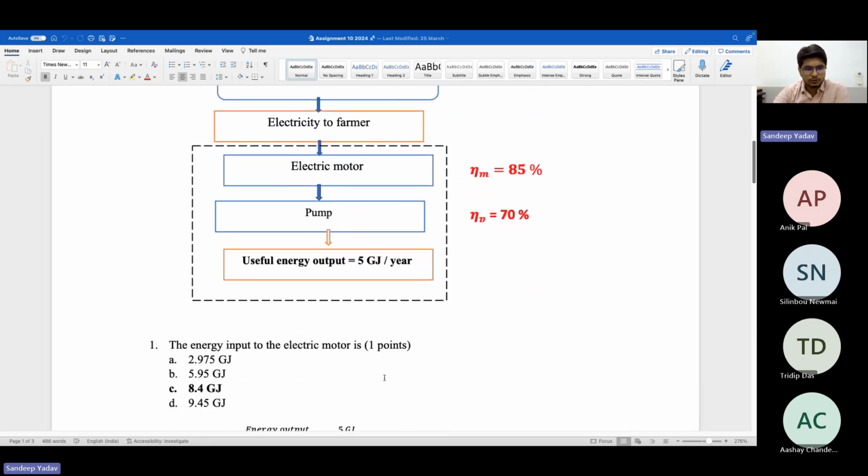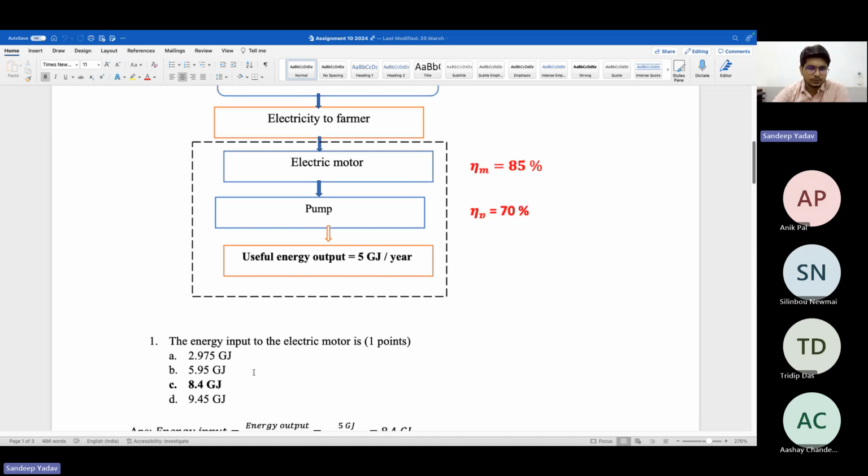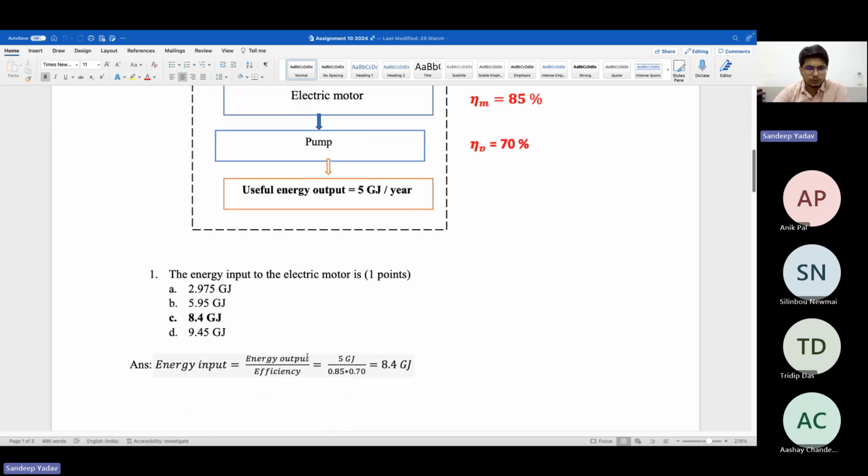Now we have to answer the following questions. The energy input to the electric motor. So here it is asking what is the energy input to the electric motor. We know the output, we know the efficiency. We can just divide by the efficiency and we can get the energy input. So here, energy output we know is 5 gigajoule.